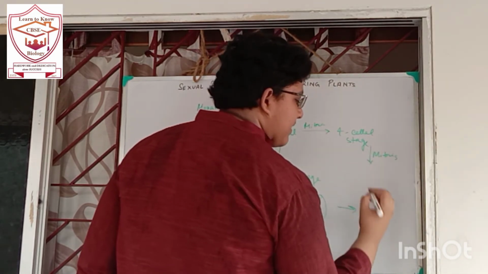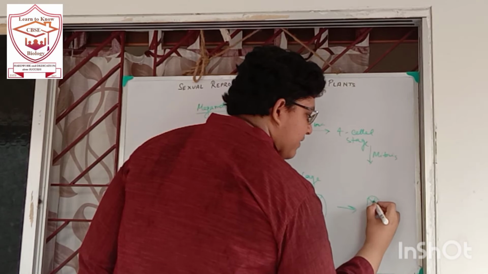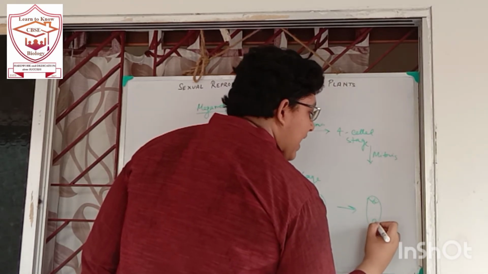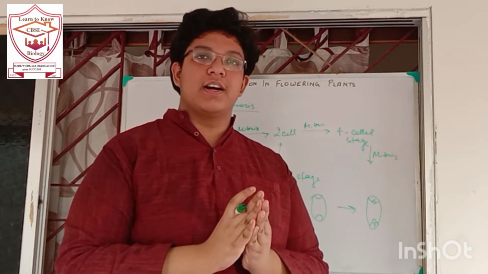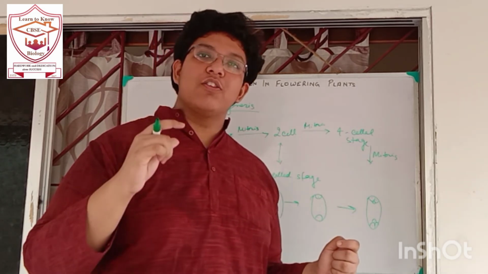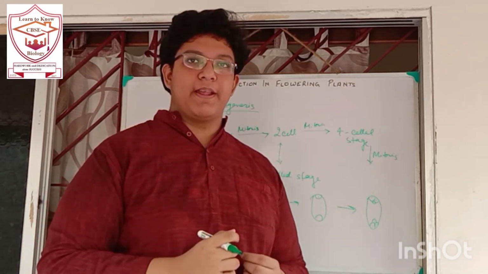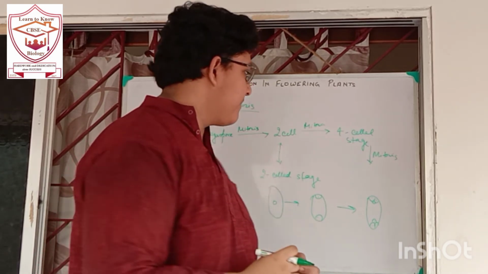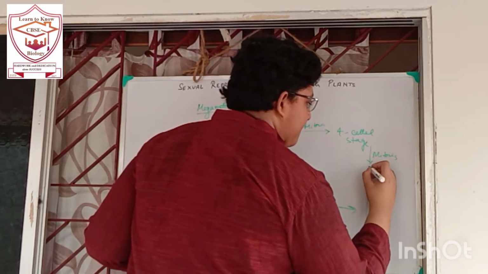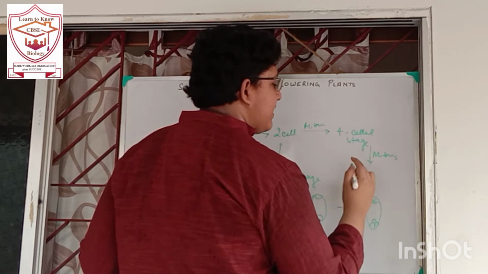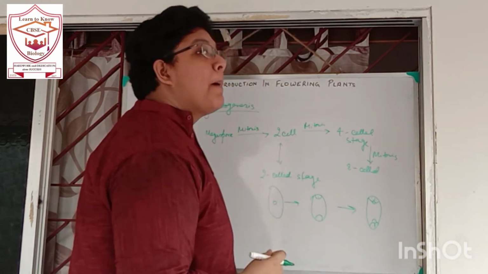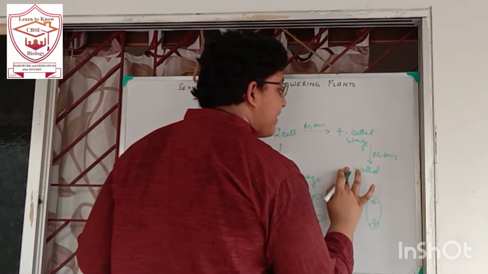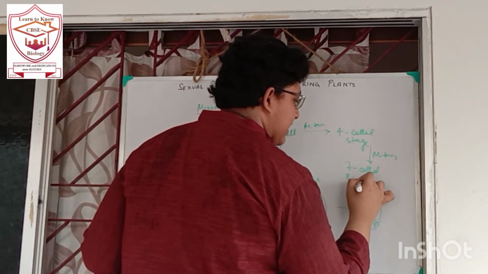So this differentiates, 1 here, 1 here, and the other 2, this is a special feature here, the other 2 undergo karyokinesis but not cytokinesis. From the 4 cell stage, it was supposed to be 8 cells, 8 nucleated. But what happens is 7 cells, 8 nucleated.